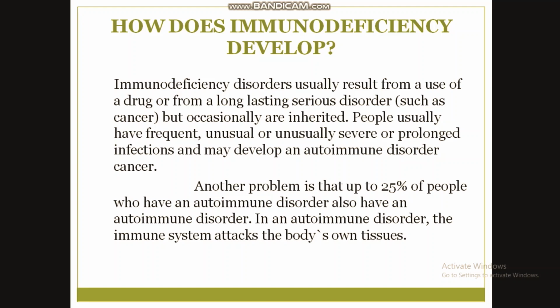Another problem is that up to 25% of people who have an autoimmune disorder also have immunodeficiency. In an autoimmune disorder, the immune system attacks the body's own tissues, as I told earlier about autoimmunity.